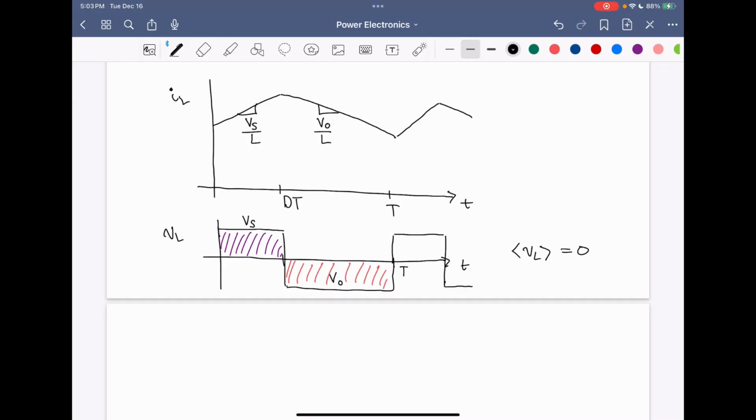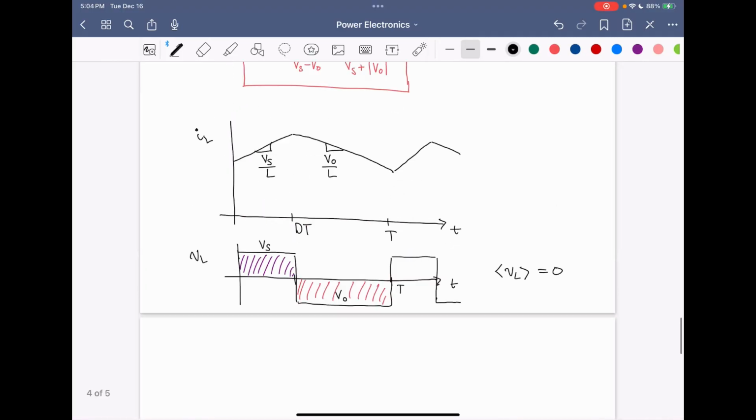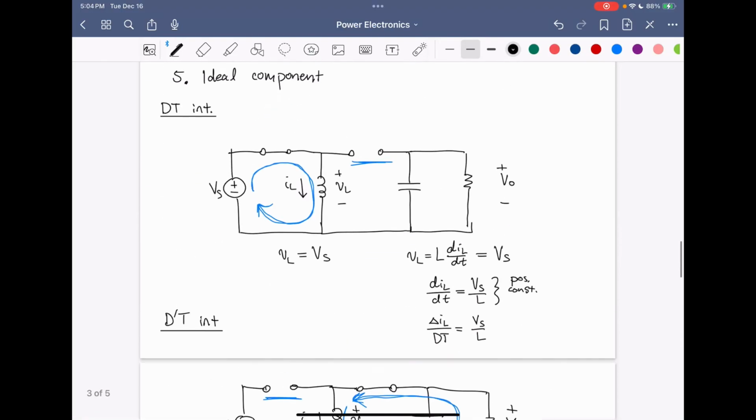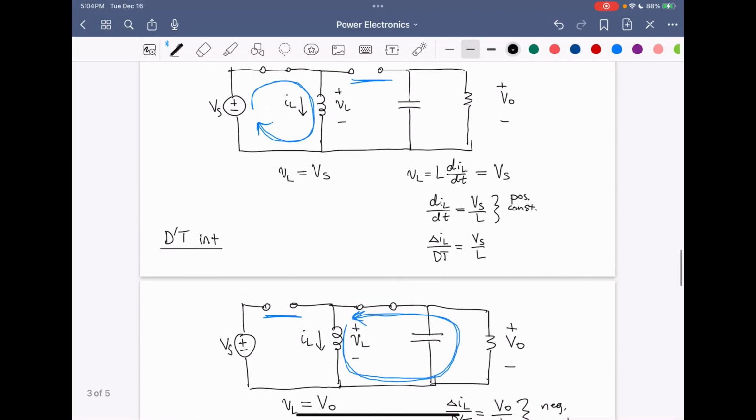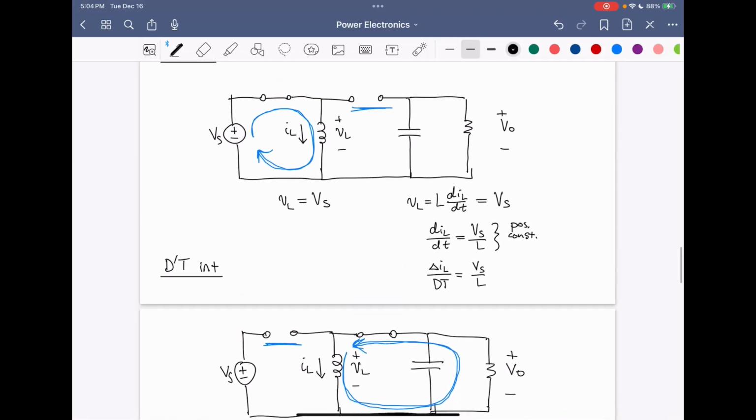So the next waveform we want to look at is the diode current. In the dT interval, the diode current ID is equal to 0.